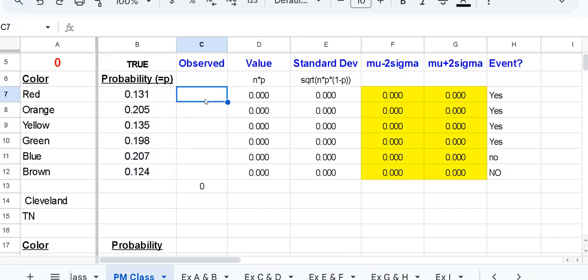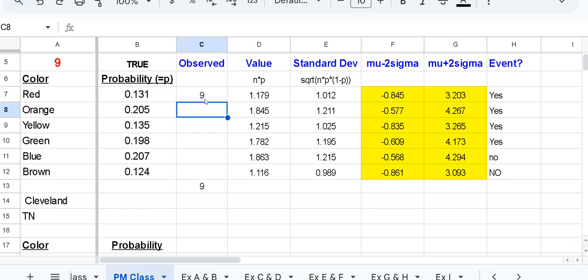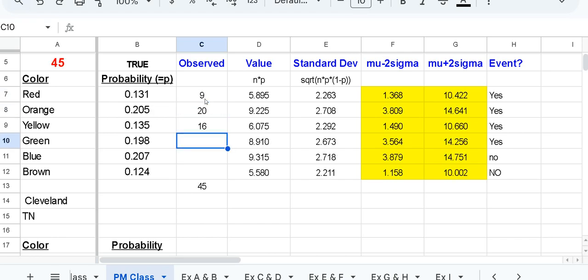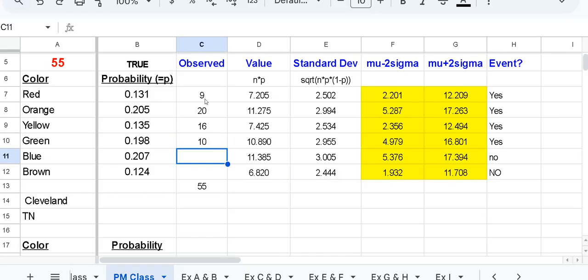Help me out. How many red did we observe? 9. Orange? 20. A lot of orange. 16 yellow. 10. That one's supposed to be 18. Green was supposed to be 18?